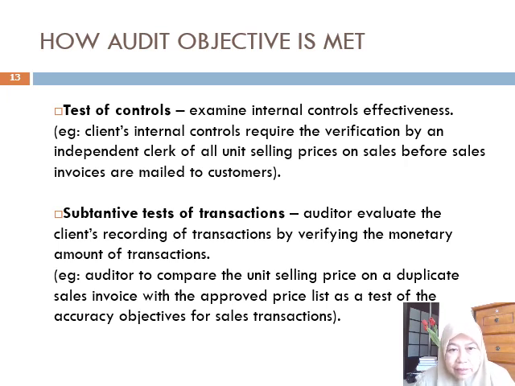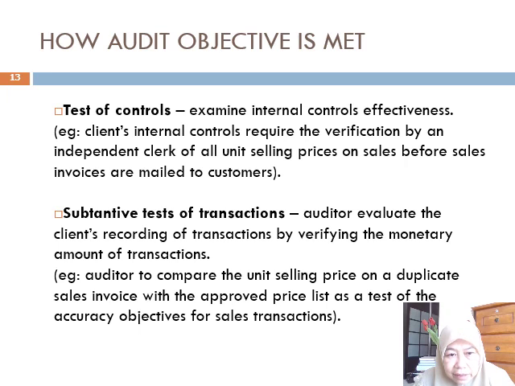Okay, the first test the auditor has to carry out is test of control, where the auditor will examine the client's internal controls to determine whether they are functioning adequately or not adequately. And the result from this test will indicate whether the information recorded or stated in the financial statements is true and fair or not.